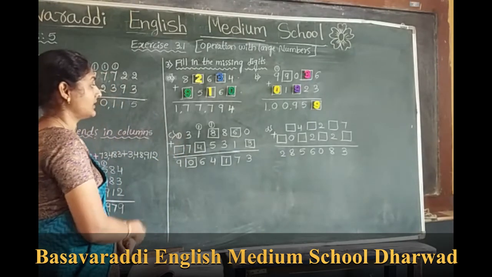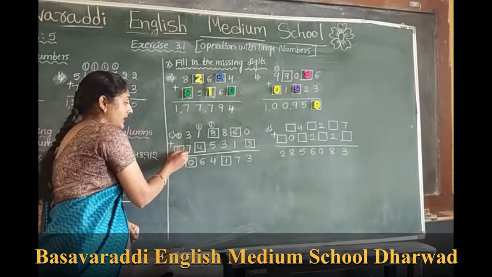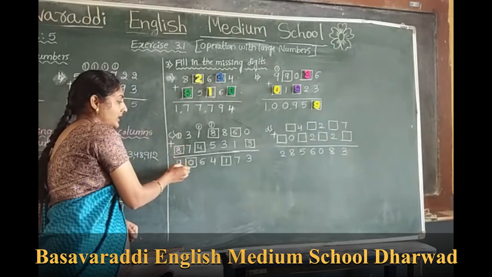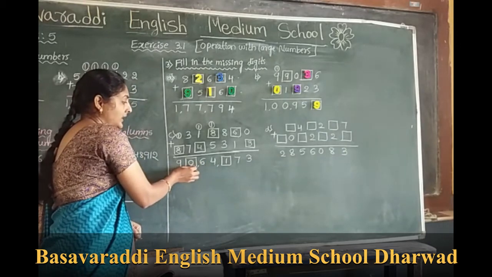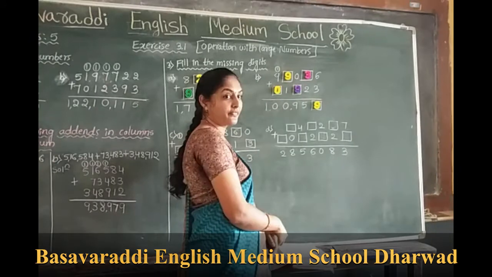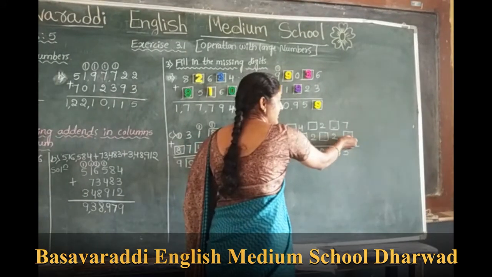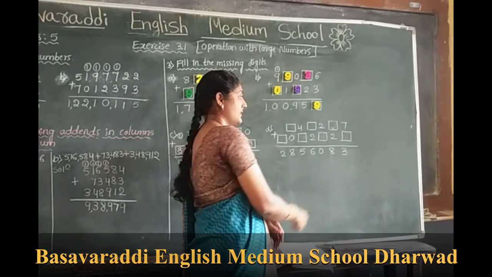In the missing box, put the 8 there. You get 1 plus 8 is equal to 9 in the ten lakhs place. Okay, 19 lakh 64,170.